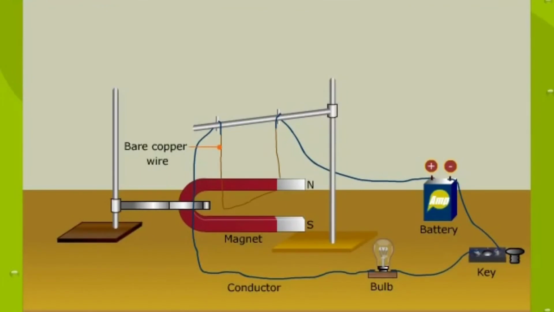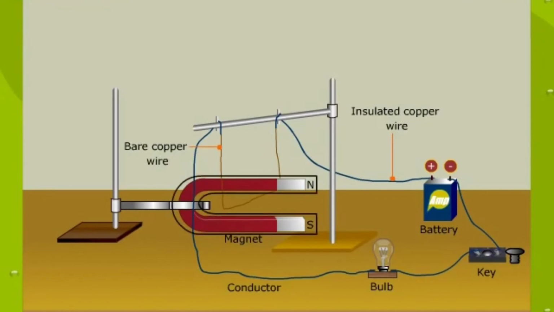Suspend a bare copper wire with the help of an insulated copper wire between the poles of a U-shaped magnet as shown here. Observe the initial position of the copper wire, a good conductor of electricity. Now close the key to complete the circuit. We observe that the conductor shifts from its original position.